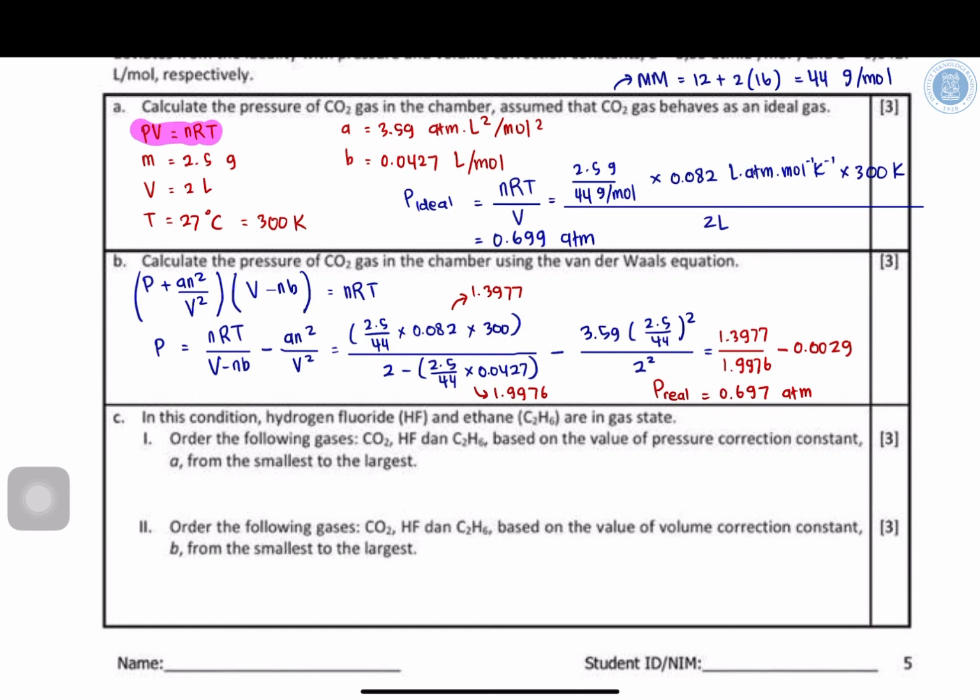Okay, the next question. In this condition, hydrogen fluoride HF and ethane C2H6 are in gas state. Order the following gases CO2, HF, and C2H6 based on the value of pressure correction constant a from the smallest to the largest. Now remember that the constant a, which corrects the pressure of a real gas, correlates to the intermolecular forces.